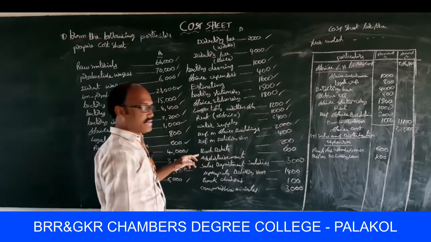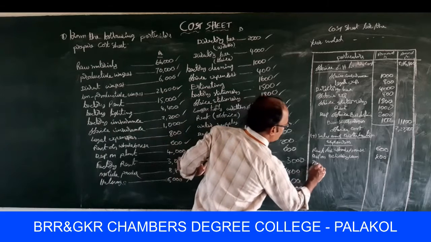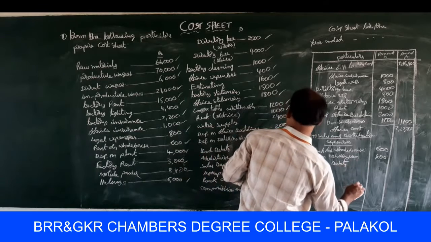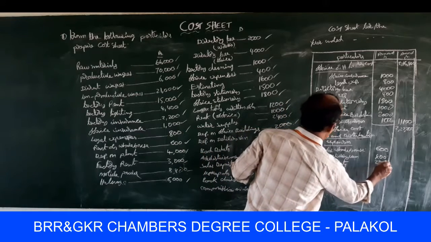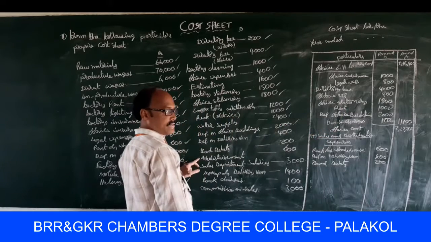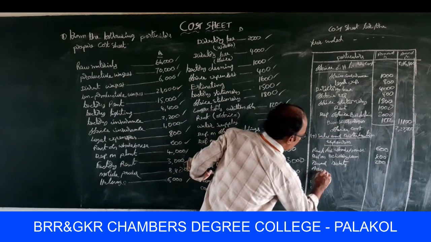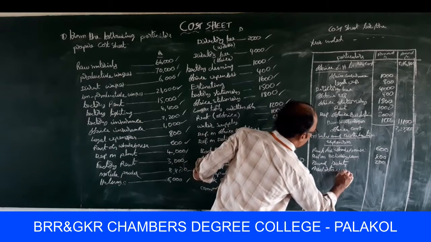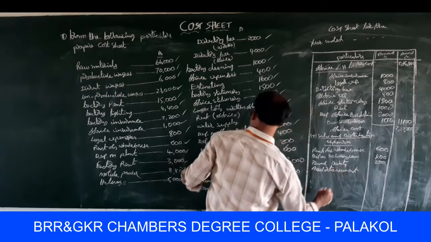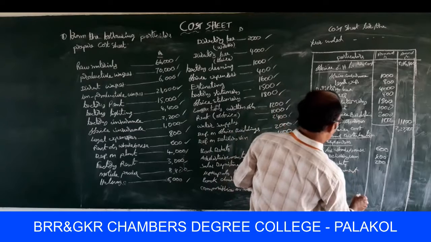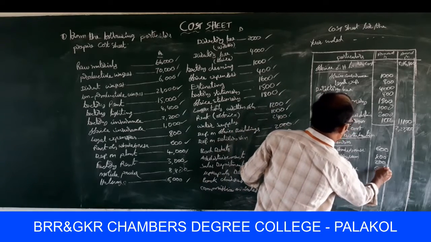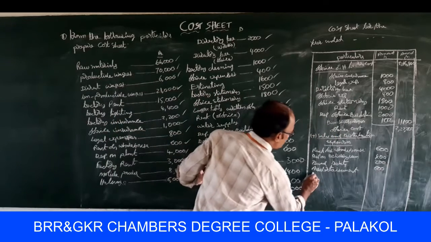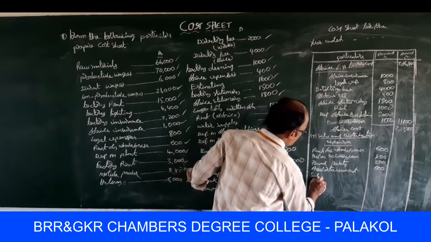Next one, bad debts, 200. Next one, advertisement, 600. Next one, sales department salaries, 3,000. It is related to sales and distribution expenses.